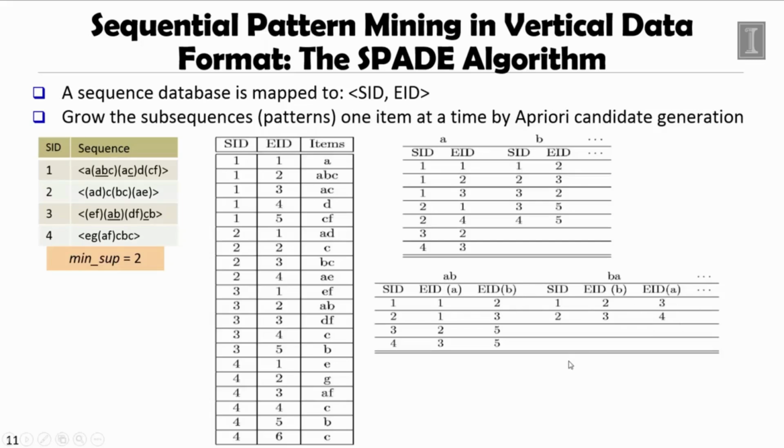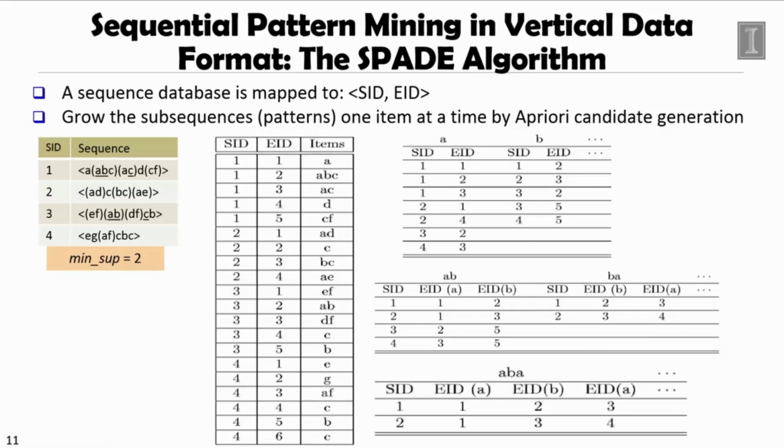For length 3, you just take the length 2 frequent ones. Then you do a join. How do you do the join? The sequence ID should be the same. The element ID, this B shares with this B, they are both 2. So you can join them together, and you get 1, 2, 3 here.